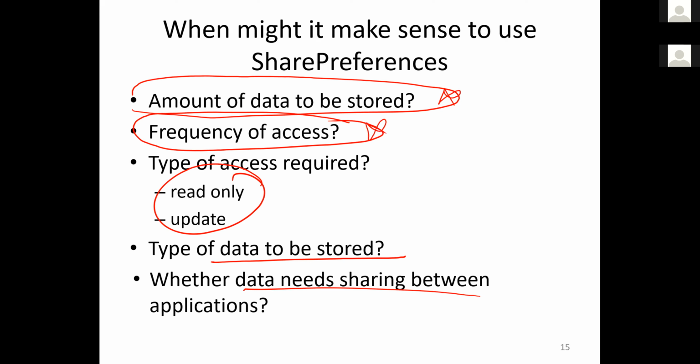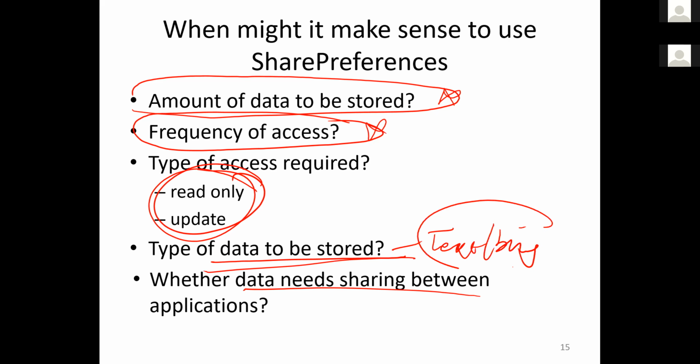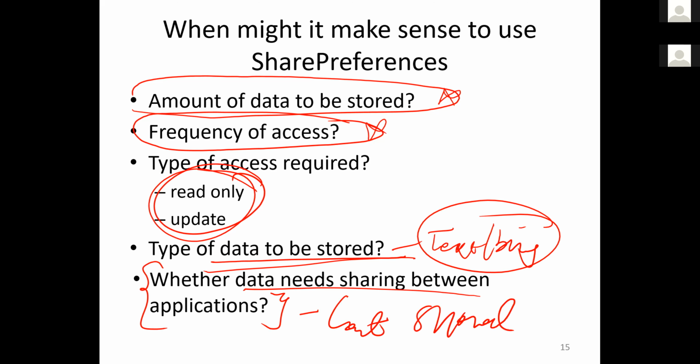The frequency of access can be as many as you want because the storage is in your machine. The type of access can be update, read only. The type of data to be stored is mostly text or binary data, not images. And data cannot be shared between applications. So that is the idea.